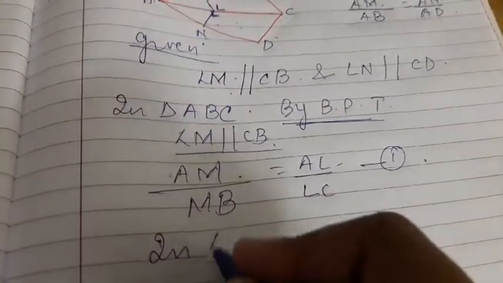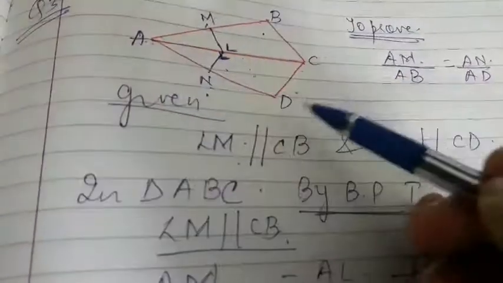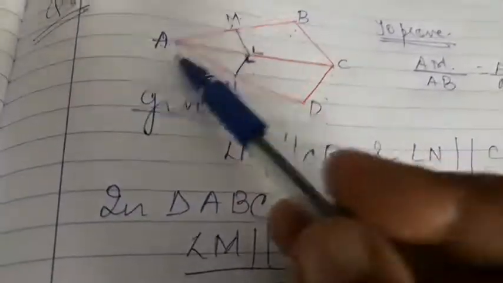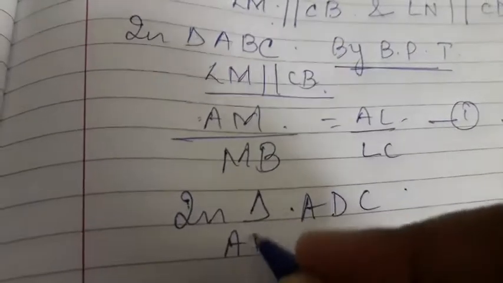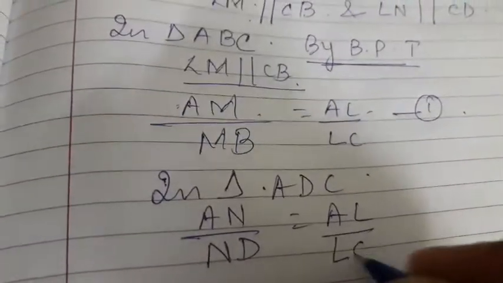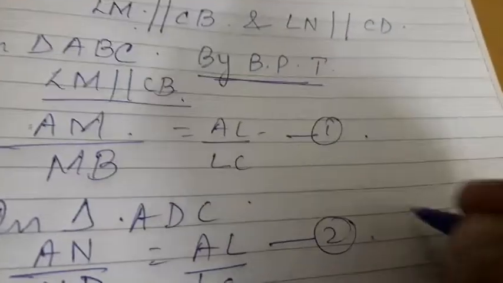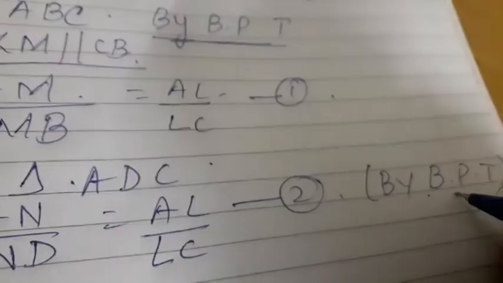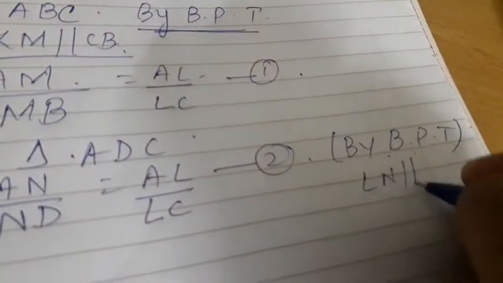Now similarly in triangle ADC, we can write AN upon ND is equal to AL upon LC, number 2, and we are applying the same theorem, BPT, the basic proportionality theorem, and in this case LN is parallel to CD.